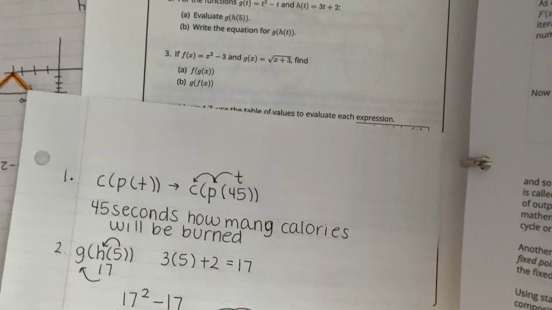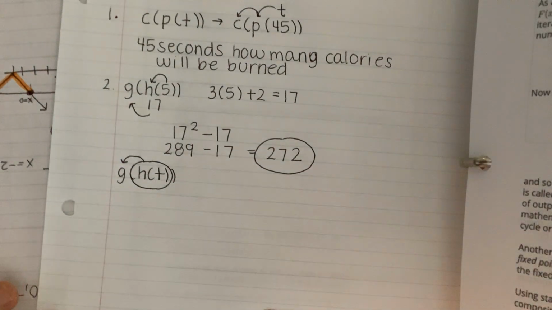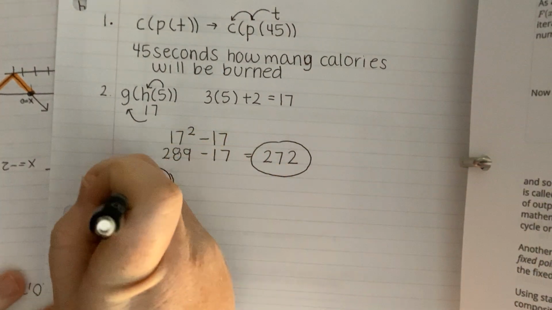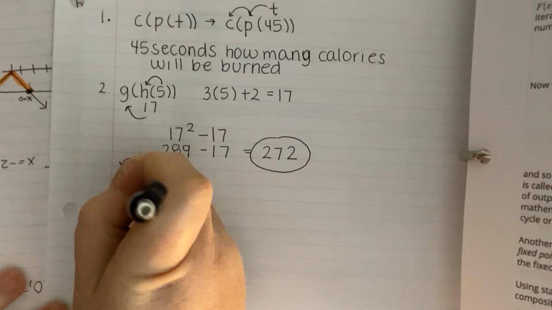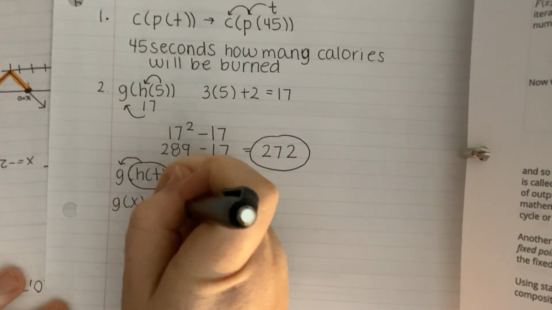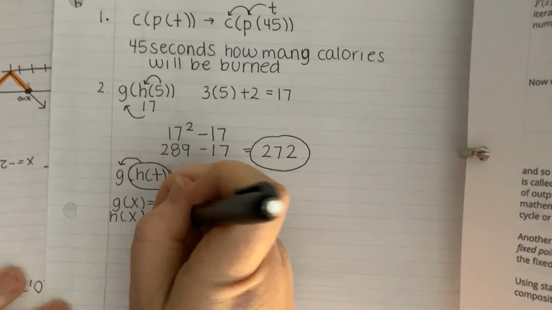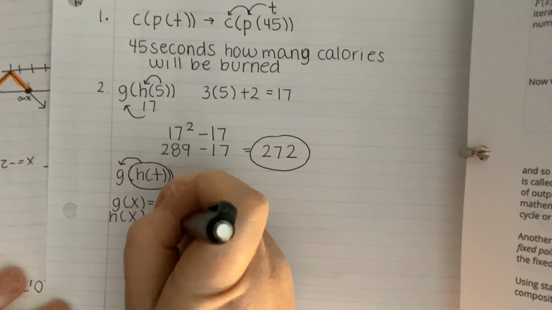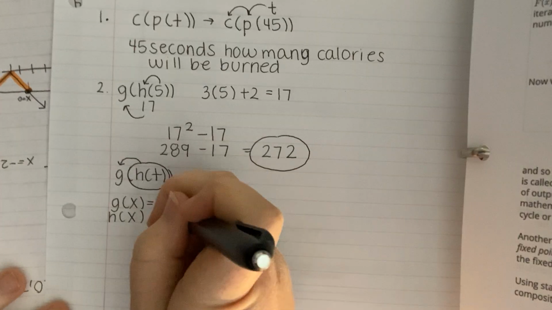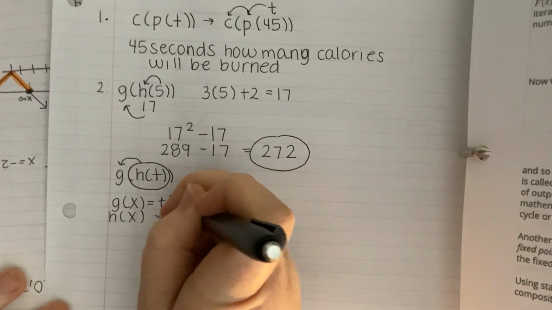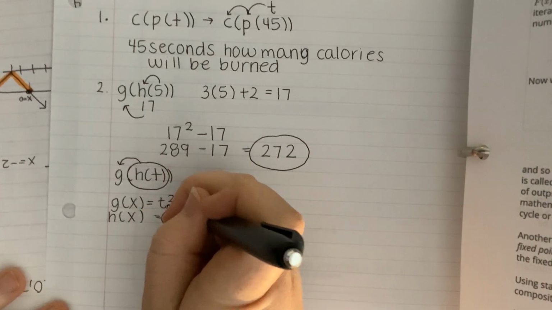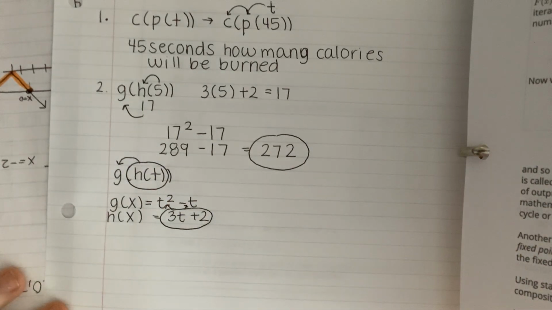Let's write them down so we have them. Your G equation is t squared minus t. Your h equation is 3t plus 2. So we're taking this whole equation and plugging it in anywhere we have a t value in this other equation.